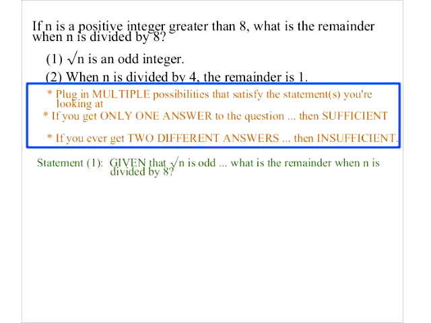What we need to do is pick values that satisfy this, and then just see what answer we get. We need to be organized about doing it, but that's basically the deal. So how do we pick values for statement 1? Anybody know? Text box?